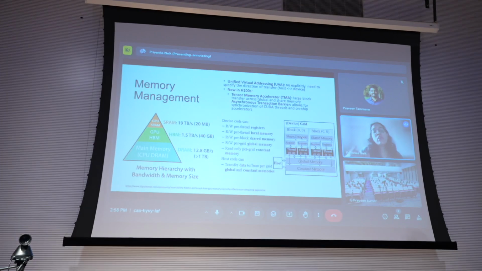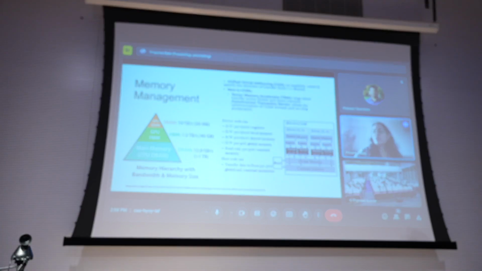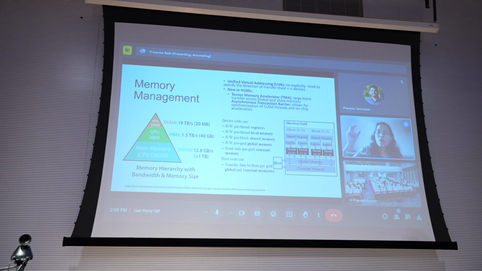Right? So there are a lot of optimizations that have been introduced, like unified virtual addressing space, so you don't have to explicitly specify that you need to transfer data from host to device or device to host. You can have a shared unified addressing, so you can directly, using pointers, get the data across hosts and GPUs.